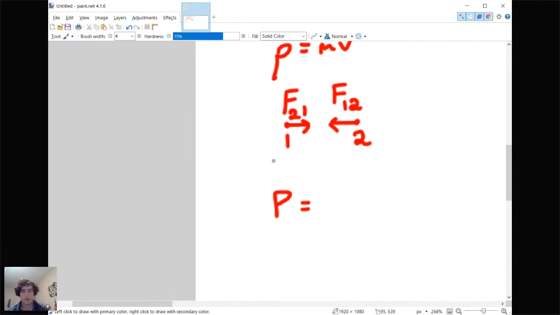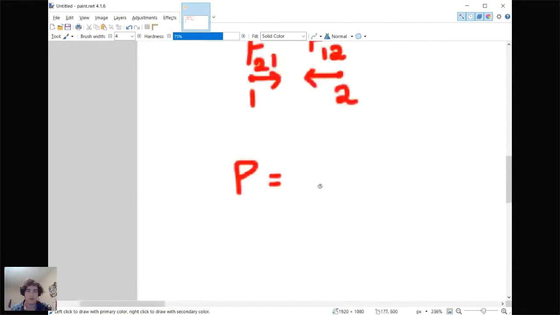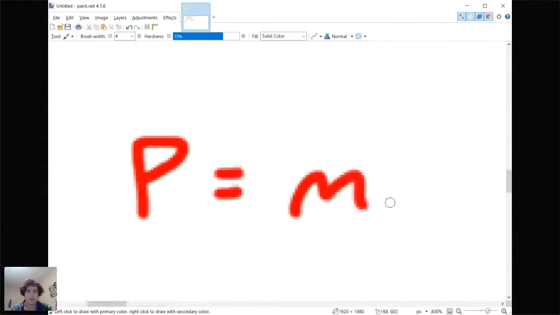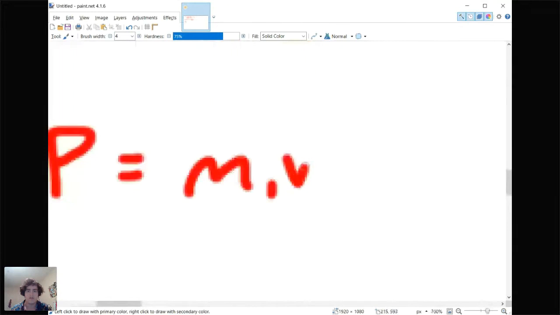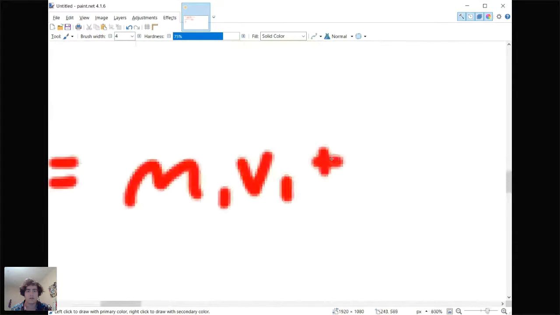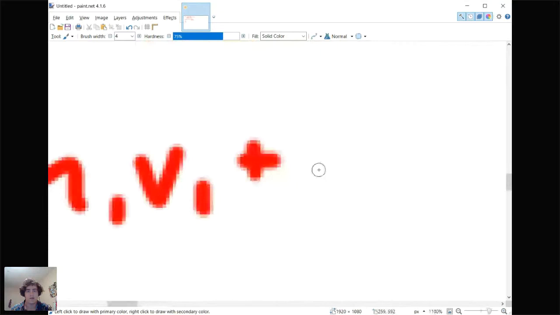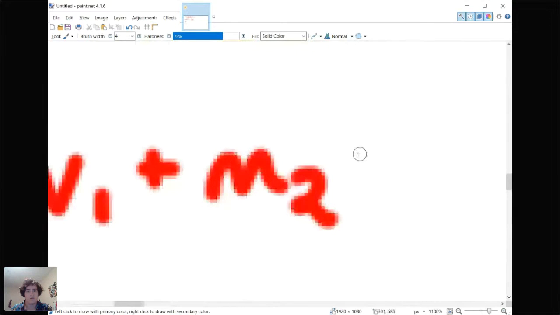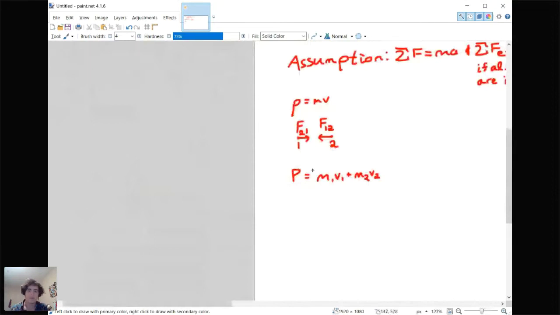But we're talking about vector quantities here. So you simply add them. And when you're doing actual number calculations, the minus sign comes in when you're talking about opposite directions. And here we're not specifying direction at all. So this is just going to be m1 v1 plus m2 v2. So this is just the total momentum of the system.